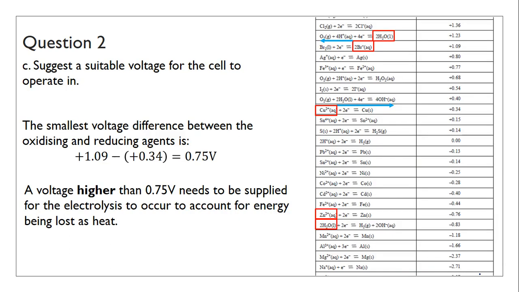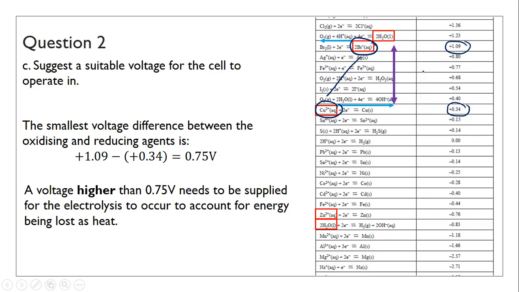Okay, let's talk about voltage. So the question of voltage, and I have kind of already wrote the answer here, is you have to look at the actual reaction that happens. So the reaction that happened here is between copper ions and bromide ions. So this voltage, which is between 1.09 and positive 0.34, so the gap here is 0.75.